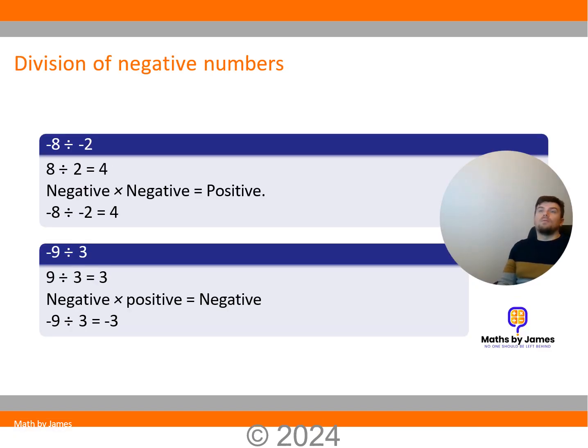So here we've got minus 8 divided by minus 2. So 8 divided by 2 is 4. We know a negative divided by a negative is a positive. Then we've got minus 9 divided by 3.